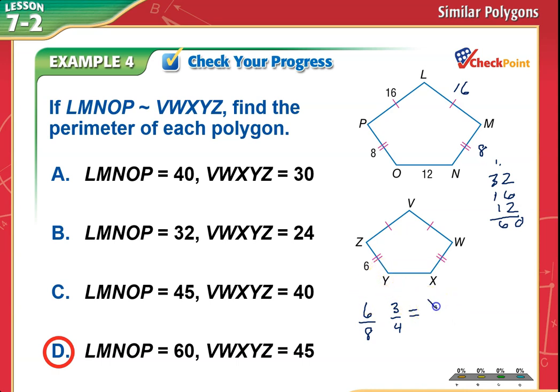So we're going to have an x as my perimeter. 3/4 is my scale factor. X is now going to be representative of the perimeter of my smaller figure. Compare that to 60. And then we're going to have 180 equals 4x. And then divide by 4. And 180 divided by 4 is 45.